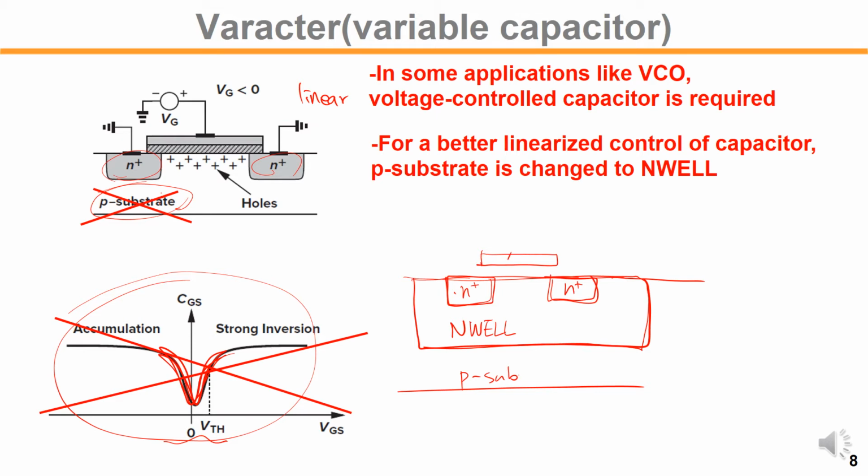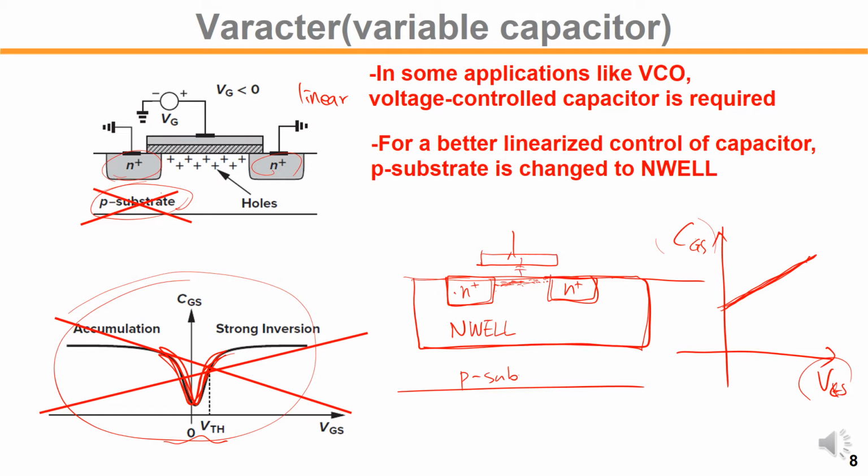Now if you increase the gate voltage VGS from 0, the capacitance variation CGS moves linearly, because there is already a majority carrier, electrons, there. So as you increase the gate voltage, more electrons, more majority carriers, are attracted and we see a larger capacitance.